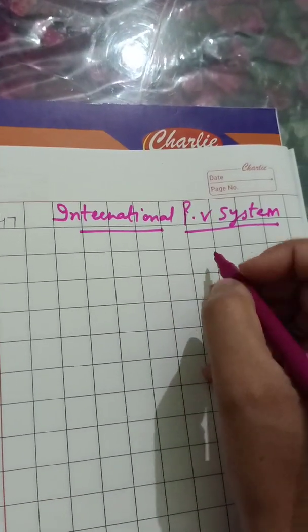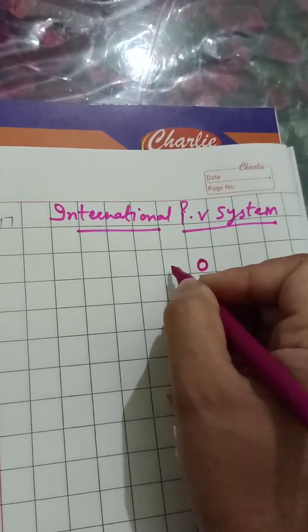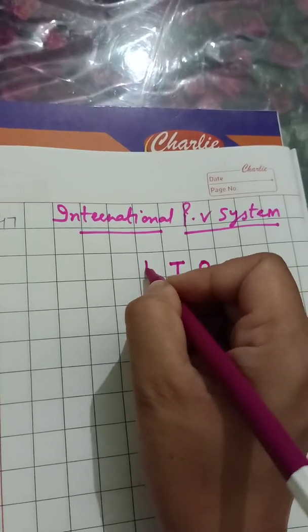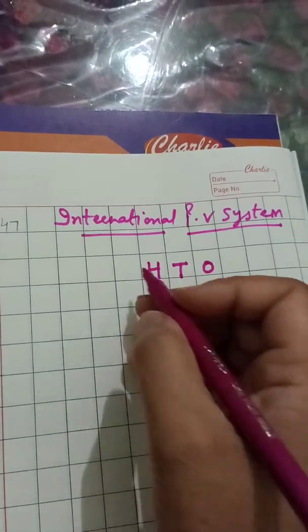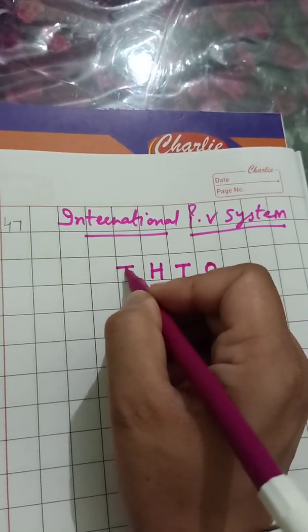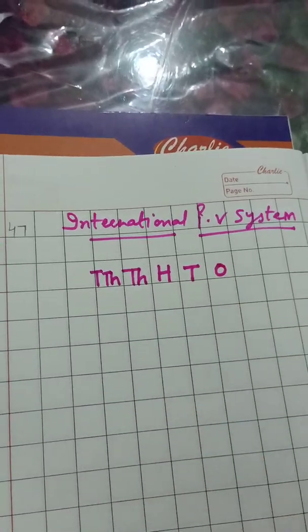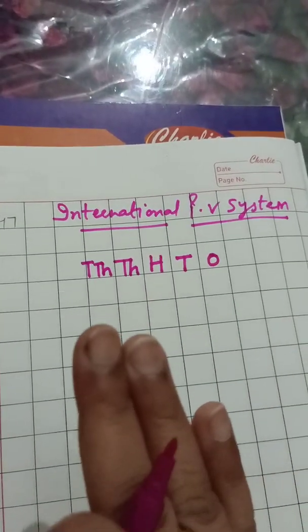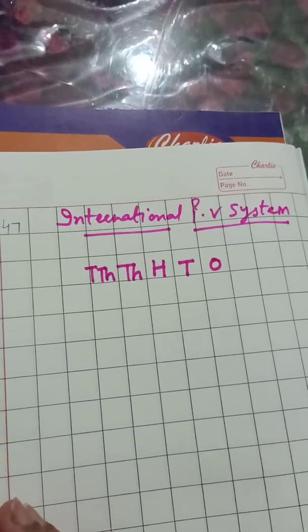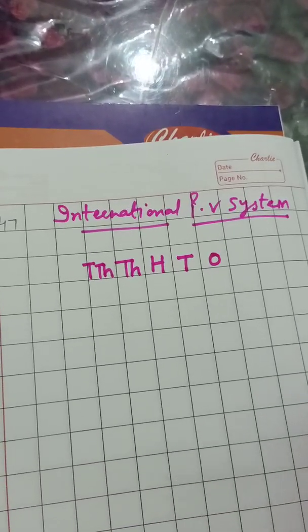Starting from the beginning: ones, tens, 100, 1000, 10,000. Till 10,000, the Indian and international place value systems are the same.